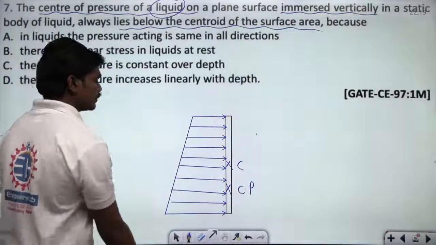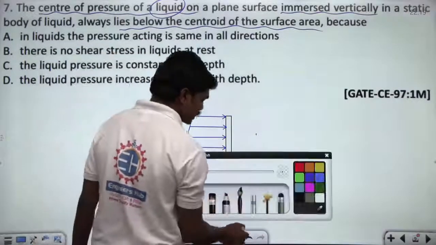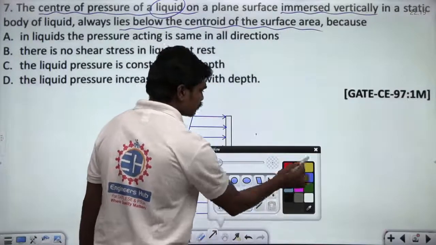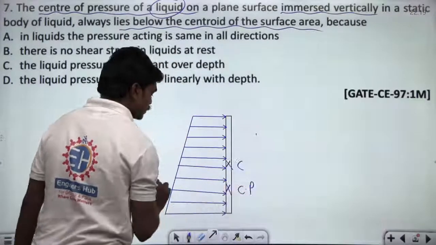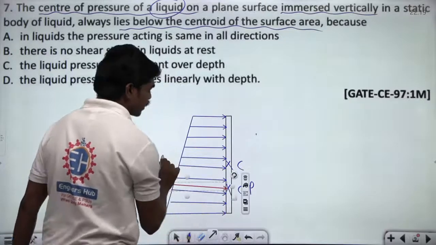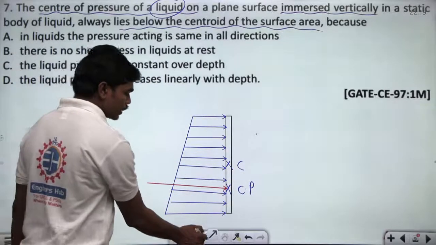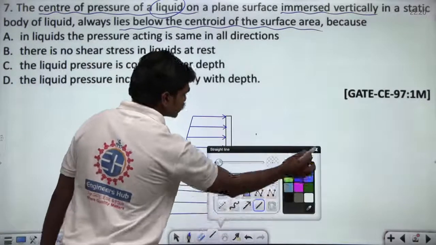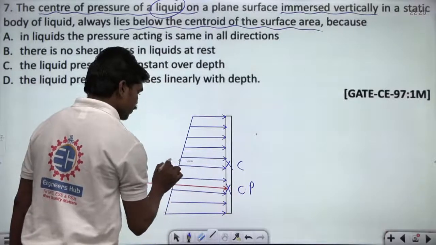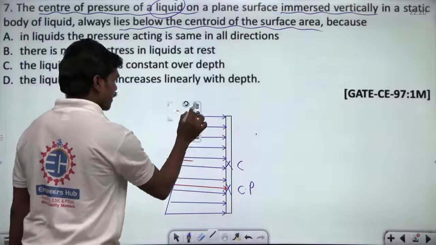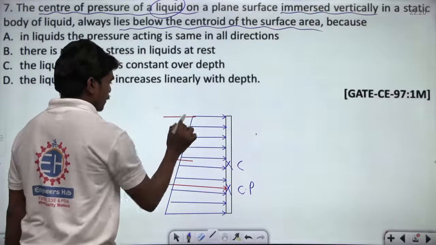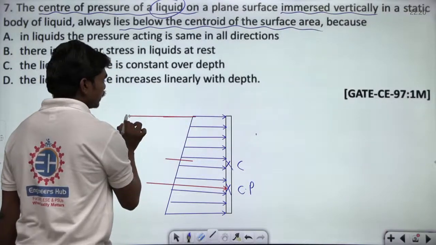Okay, so this is the pressure variation. Obviously, whenever pressure is varying linearly with respect to depth, your total force will act at some different location compared to the centroid. I told you clearly, if this is your h bar, let me extend this a bit.